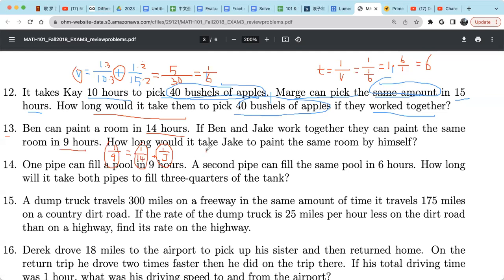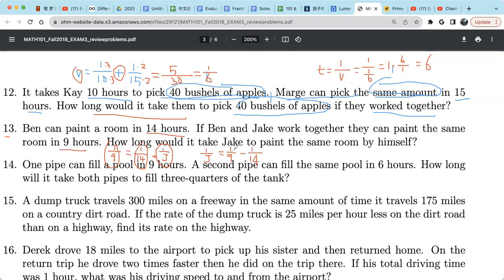So we see 1/J equals, we move 1/14 to the other side, the speed when they work together, subtract the speed of Ben, 1/14. Now we need to figure out the common denominator. The common denominator is just 9 times 14.